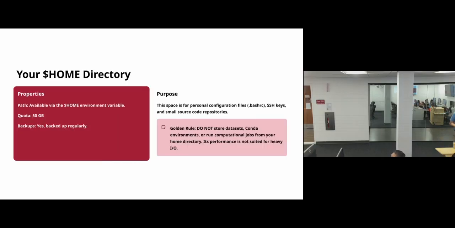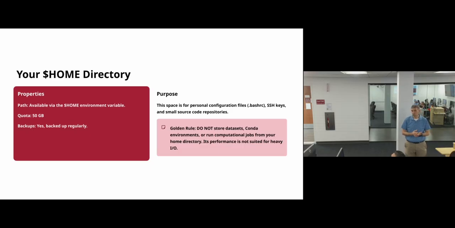The home directory has a fairly limited quota, which is 50 gigabytes, but it is backed up regularly, right? The purpose here is to use this for your personal configuration files like bashrc, SSH keys, and also small code repositories.